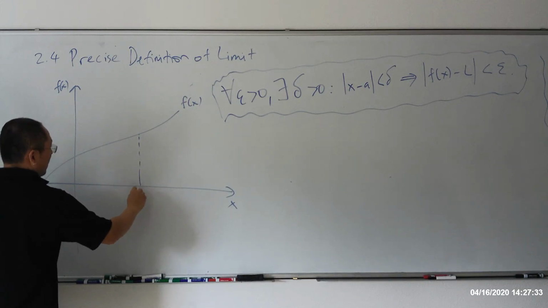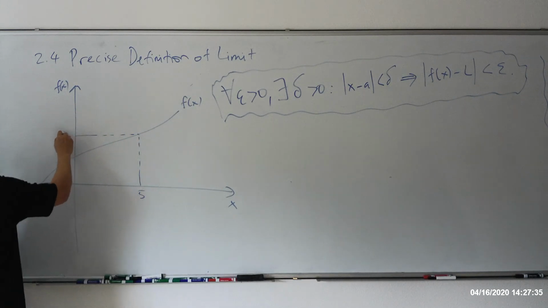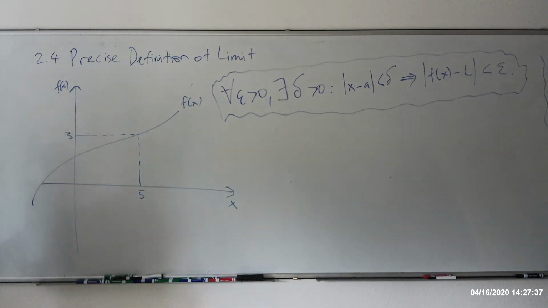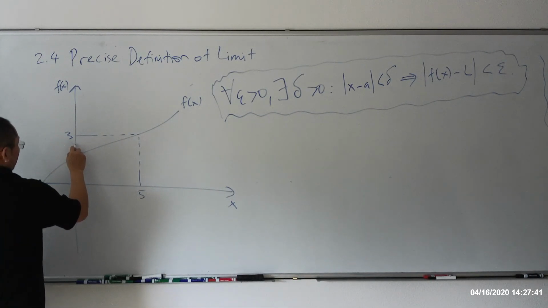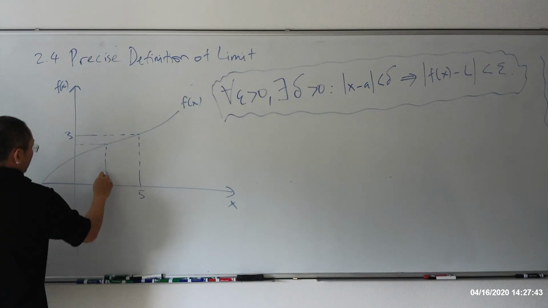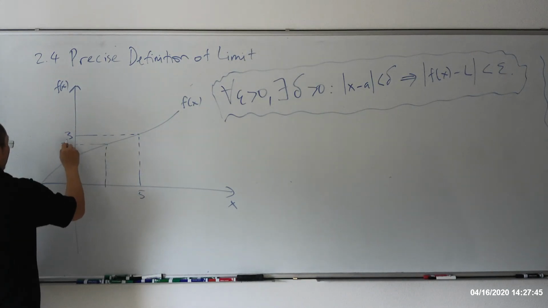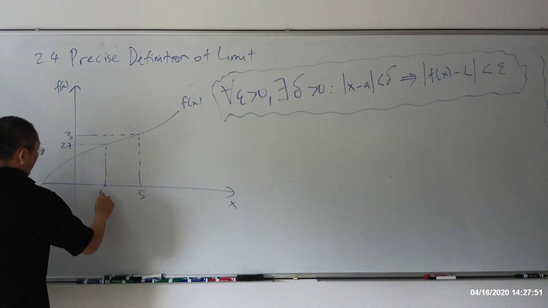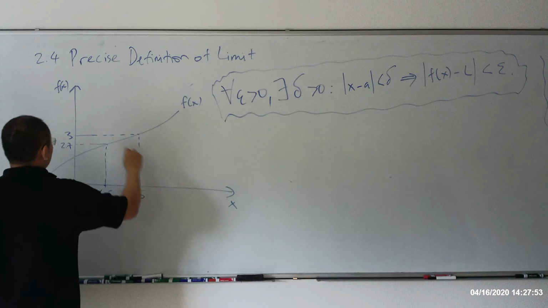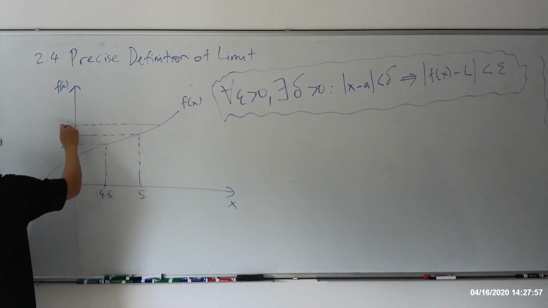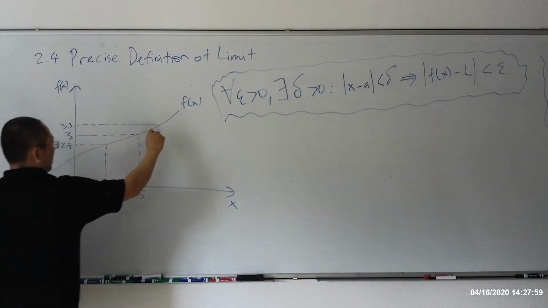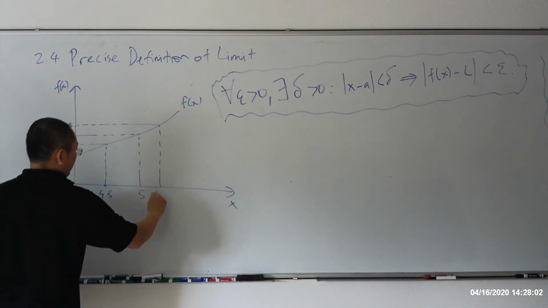Say this is 5, say this is 3, say this is 2.7, and this is 4.5. This is 3.3, and this is 5.4.